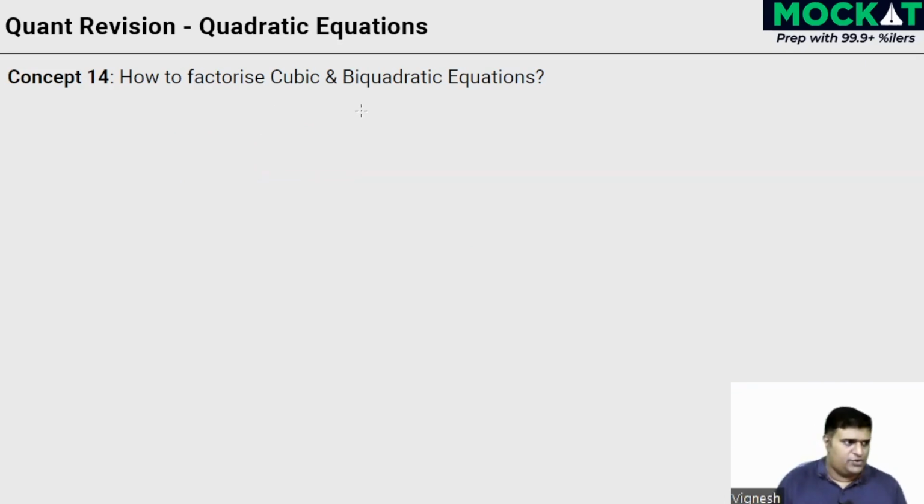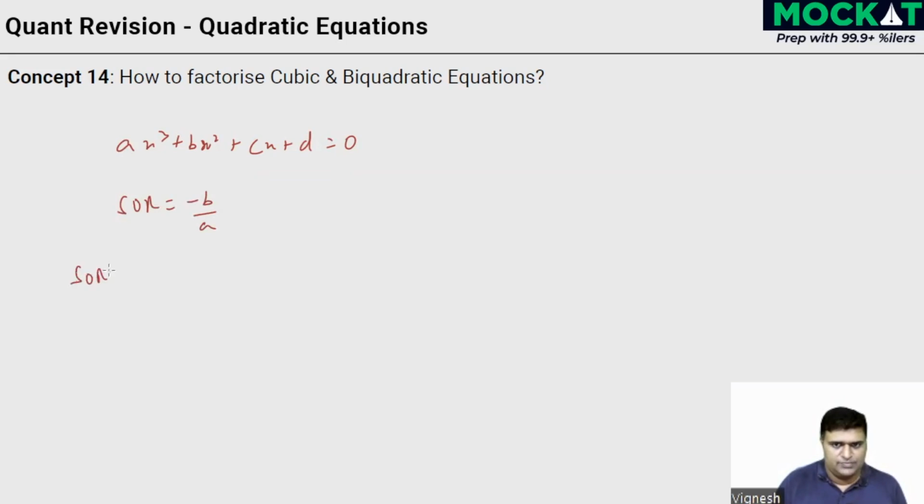But a few things for you to note when it comes to cubic, biquadratic and all of that, right? If you have ax cube plus bx square plus cx plus d equals 0, the sum of roots is always minus b by a.